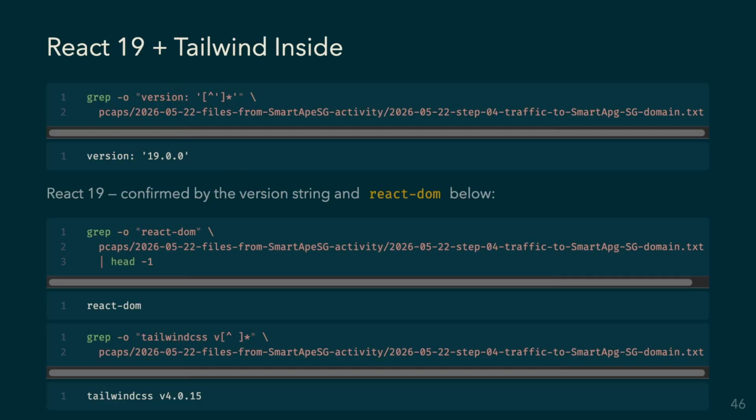If you take a look at the step files, inside the bundle there's a React 19 application, and you see React-DOM show up, you see Tailwind CSS version 4.0.15 show up. It's a full production grade web framework served from a random .top domain, all just to show a fake CAPTCHA.